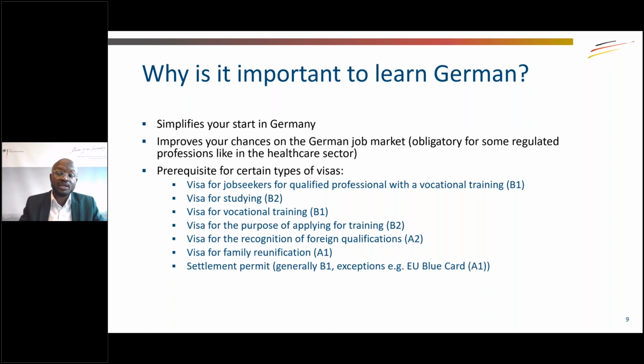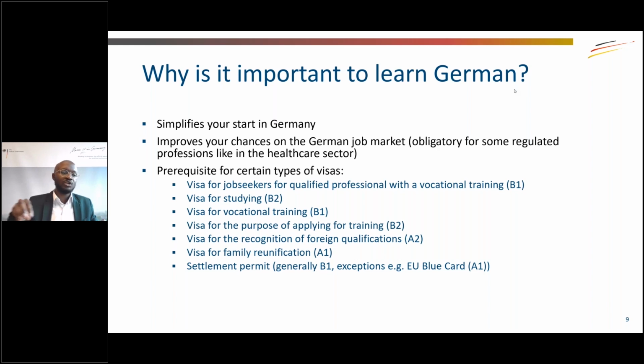Learning German is also a prerequisite for certain types of visa. For example, if you want to apply for a job seeker visa for qualified professionals with vocational training, you will have to prove that you can speak German at least at level B1. Also, for a study visa, it's important to make a difference, because this only applies if you want to study in German.